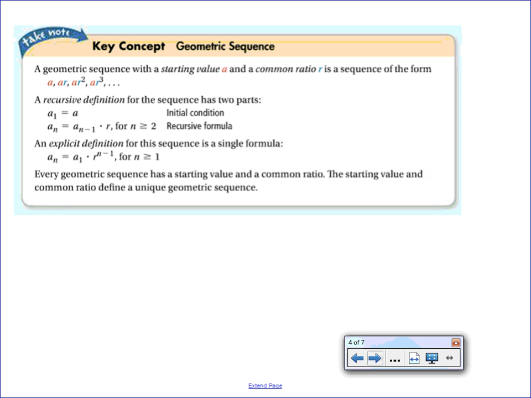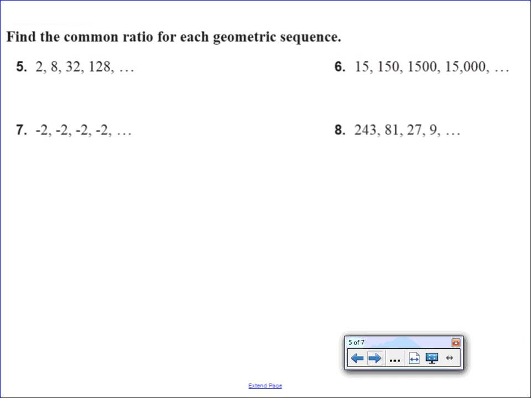Okay, so here is something you may want to take some notes on. We're going to write a recursive formula or definition and an explicit formula or definition for these geometric sequences. So we're going to take a look at a few and see what we can do with them. So if we tried to find, first of all, just that common ratio again. So from 2 to 8, and then 8 to 32, and then 32 to 128.